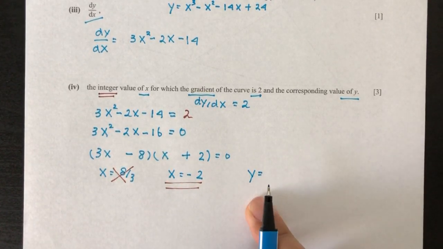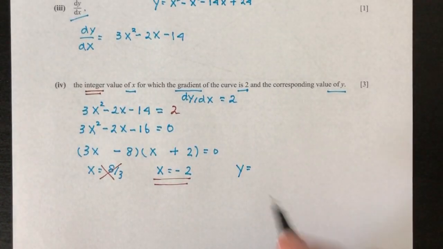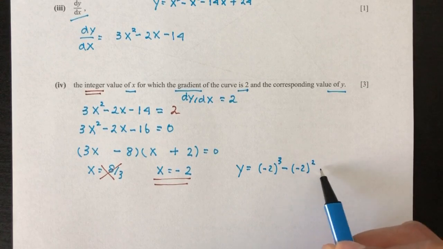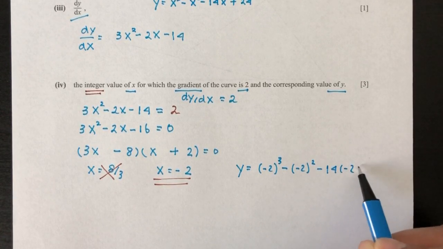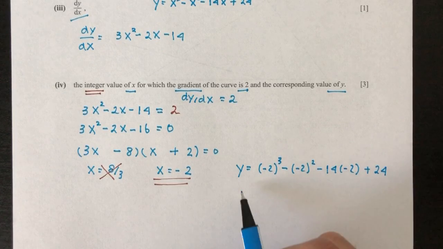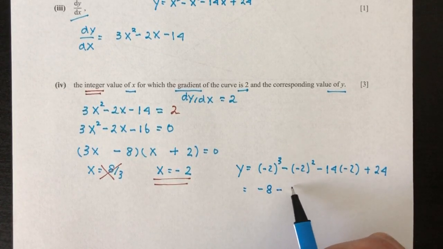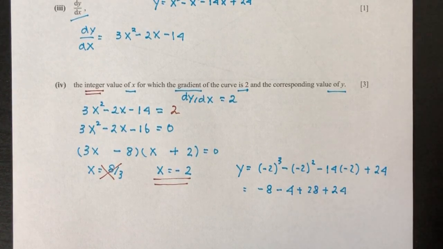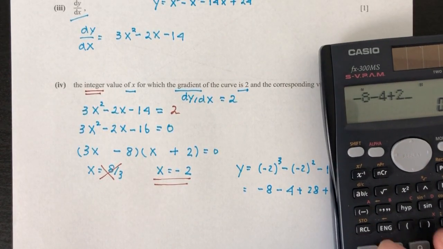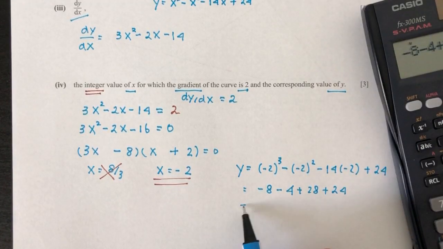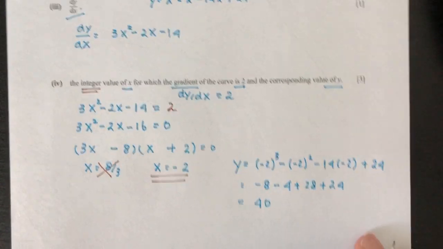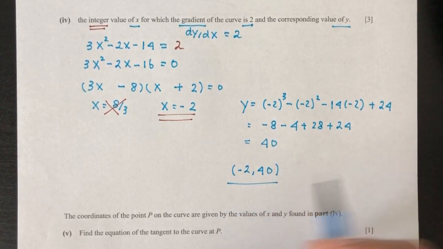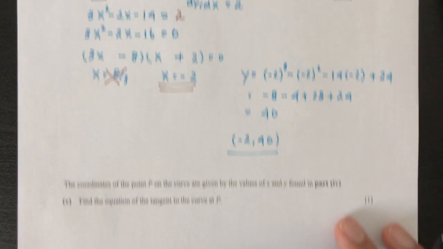You have to replace back in your equation. y will be minus 2 to the power 3 minus minus 2 squared minus 14 times minus 2 plus 24, which is minus 8 minus 4 plus 28 plus 24. That should be 40. So in that case, x is minus 2 and y is this one. That is part 4 of the question.